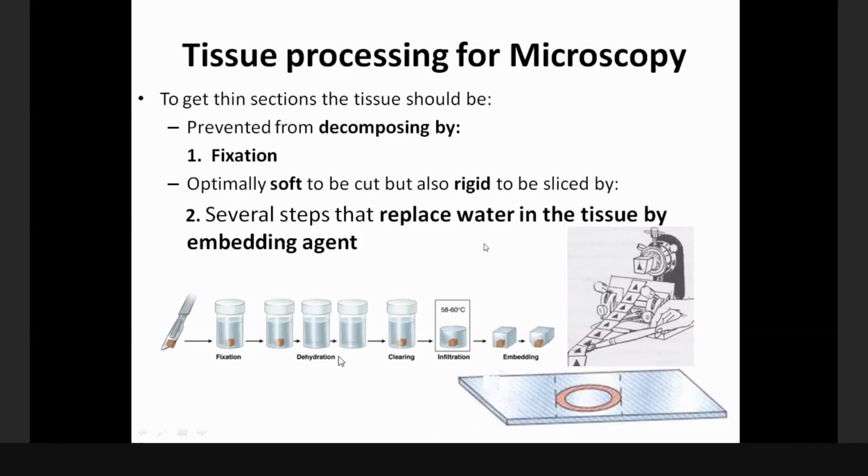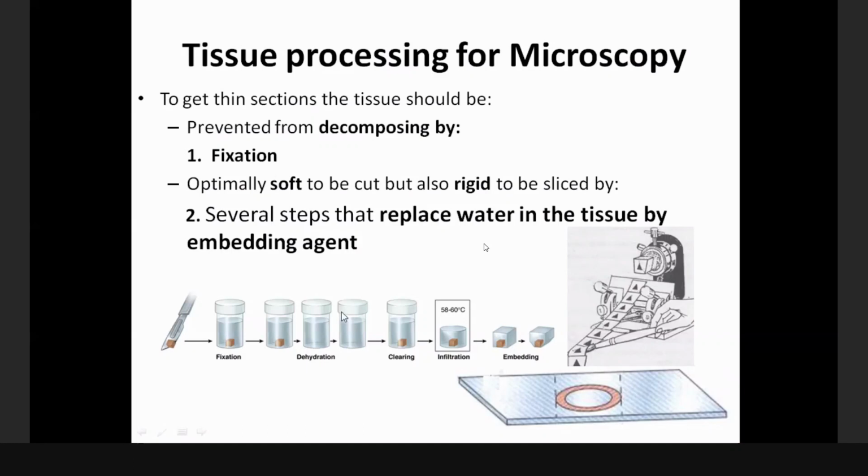So the first step we need to have should be dehydration. Then there is a process known as clearing. Then we have to infiltrate with the medium we are going to infiltrate into the tissue. And then we will have this type of block which is able to be sliced.